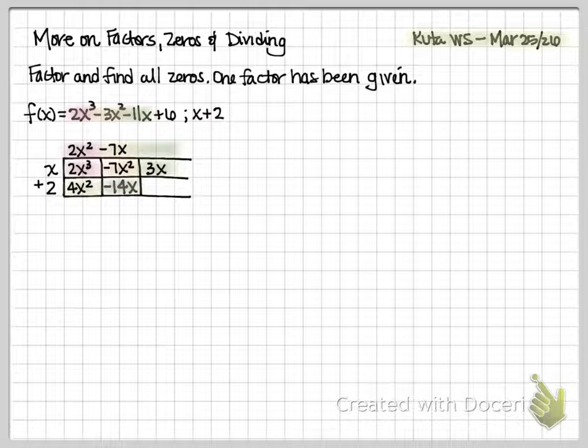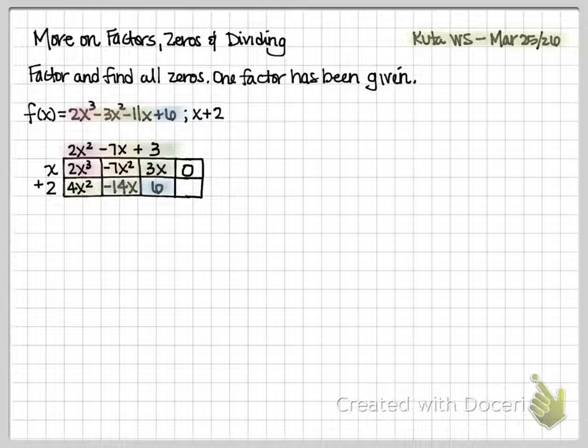So let's figure out what goes up there. That's going to have to be a positive 3. Fill in the bottom box, and then let's take a look at that. Hopefully these match, and they do, which is good, because I should not have any remainder at all, because this is a factor. So let's see what we have remaining here from this division.